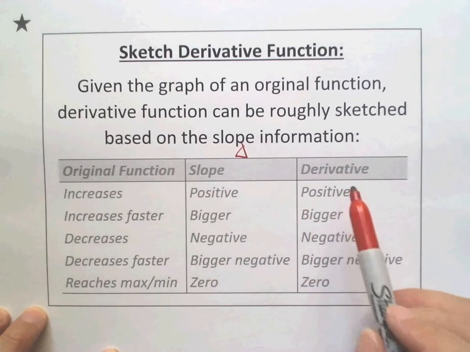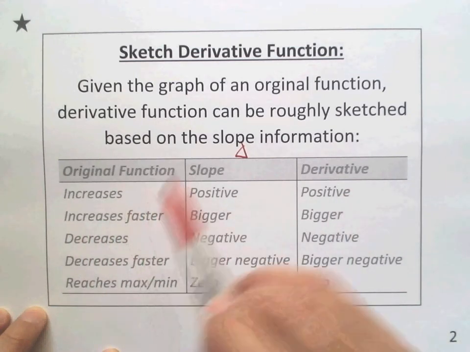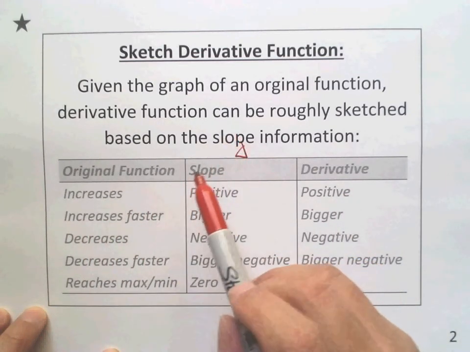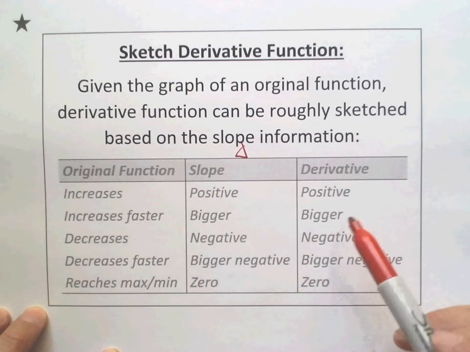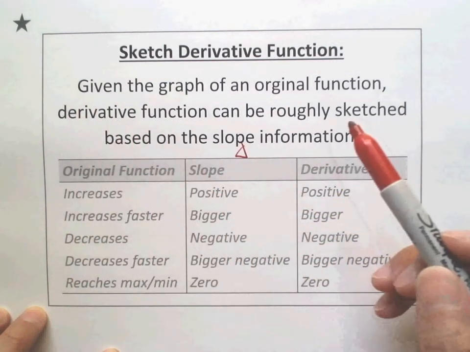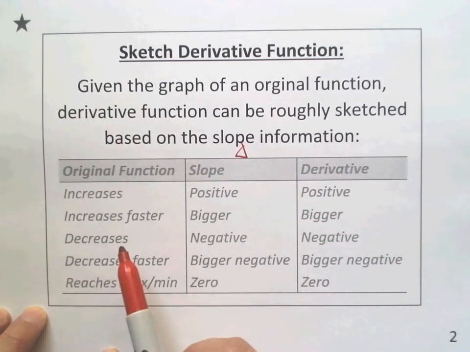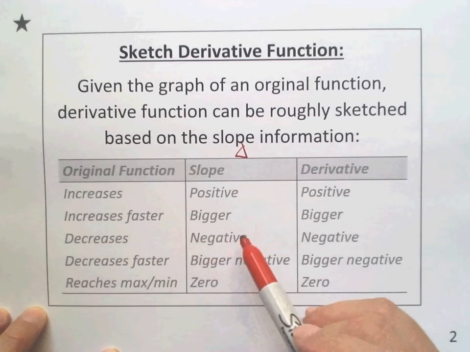Increase, derivative positive. If it increases faster, which means steeper, and the slope is bigger, right? The slope bigger, the derivative bigger. If more steeper, the derivative is bigger. And another case, if the original function decreases, the slope is negative.